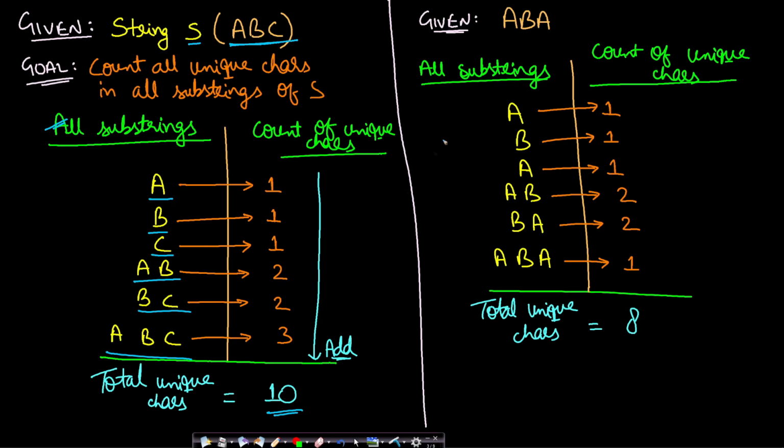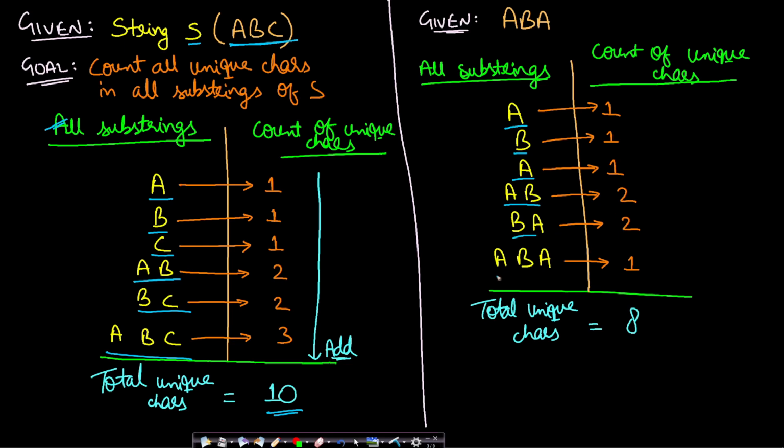Now let's look at another example where there are repeated characters. All possible substrings will be A, B, A, AB, BA and ABA. Now if you count the unique characters for all the substrings, for A it will be 1, for B it will be 1, for A it is 1, for AB it is 2, for BA it is 2.